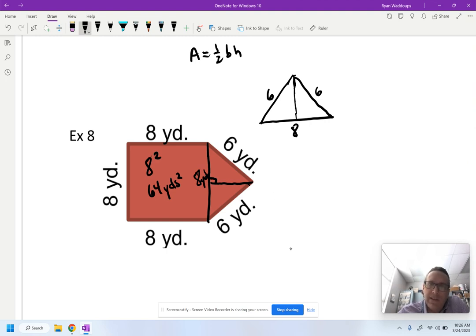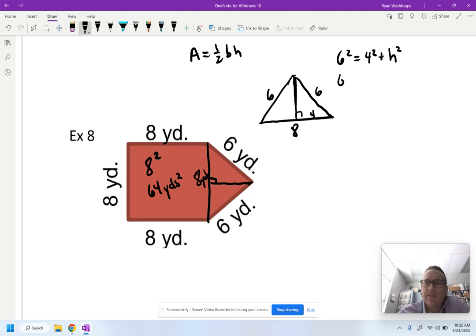But if I think of this as 2 triangles, then half of that is 4, and then I can use the Pythagorean theorem to figure out what this side is here. So 6 squared equals 4 squared plus, and I'll call it h for height, the height squared.